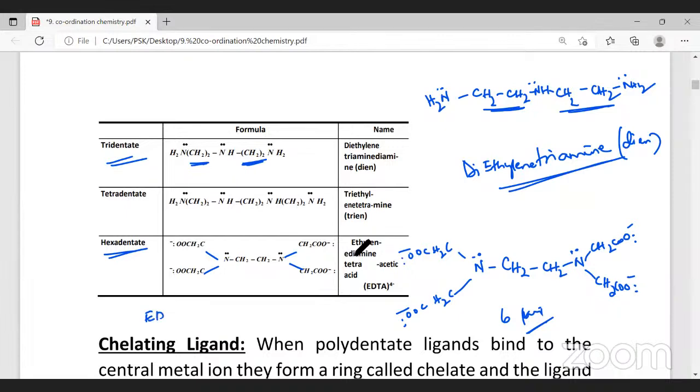It's called ethylene diamine tetraacetato. That means it has 6 pairs of electron donors. Since it has 6 pairs of electron donors, this EDTA4 minus is an example of a hexadentate ligand. Did you understand this so far?